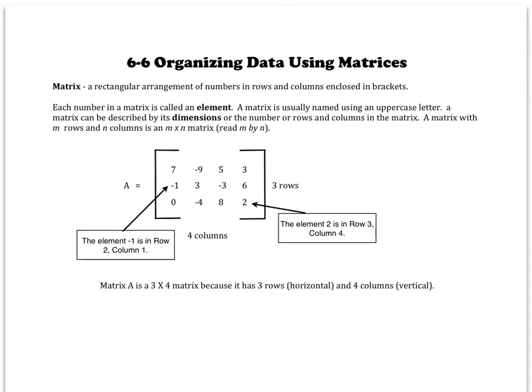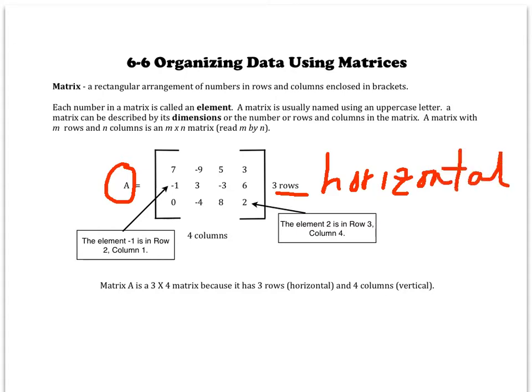Each number in a matrix is called an element, so each one of the numbers in the rows and columns are elements. A matrix is usually named using an uppercase letter. In this case, it's letter A. A matrix can be described by its dimensions, or the number of rows and columns in the matrix. Rows are horizontal, and columns are vertical.